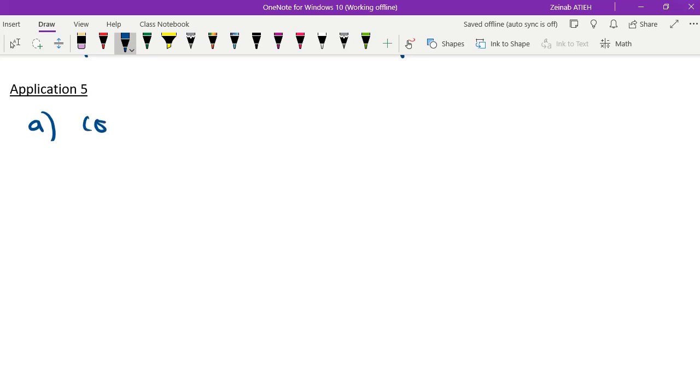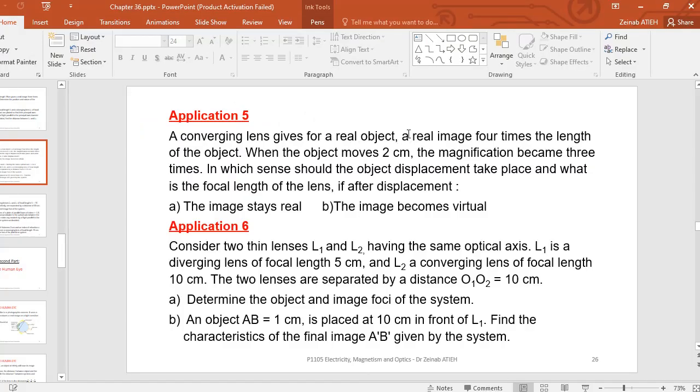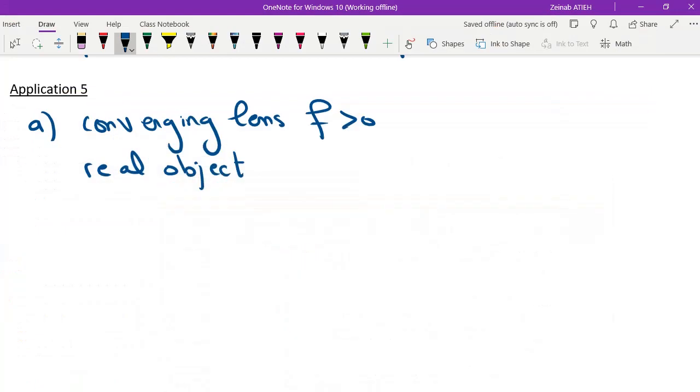We have a converging lens, so F must be positive. That's the first thing. He said that we have a real object and a real image. So the real object has a position L1. I'll call it L1 because we did like 2 experiments. In the first experiment we took the measurements L1 and L1 prime, and in the second experiment L2 and L2 prime.